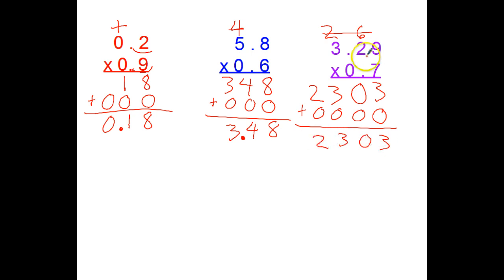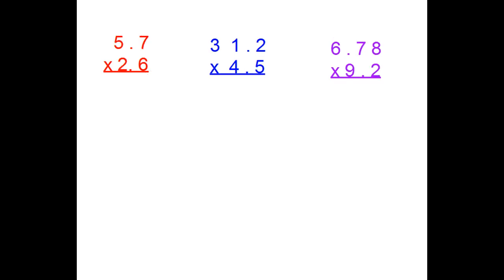And then count over 1, 2, 3 spots in all. My answer is 2.303, or 2 and 303 thousandths. Again, the only whole number I have is 3 times something less than 1. 3 times 1 would be 3, so my answer kind of makes sense because it's less than 3. Your turn, try them out again.